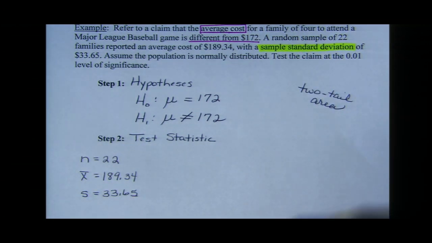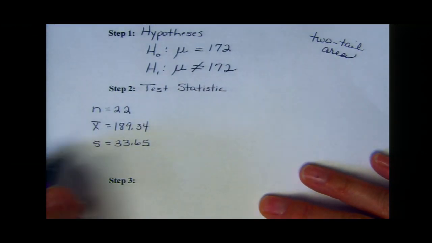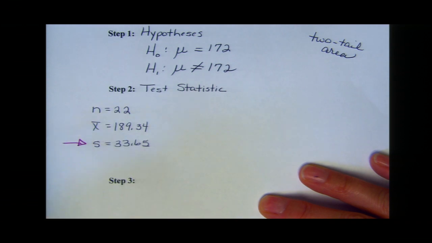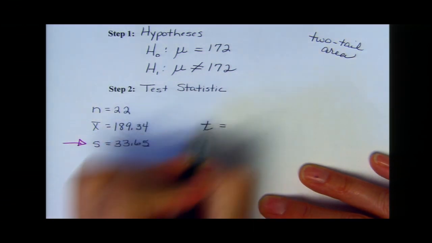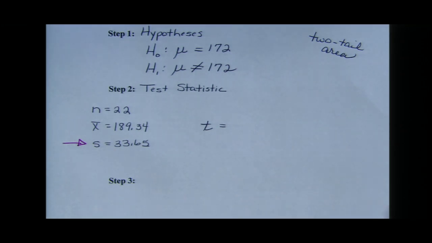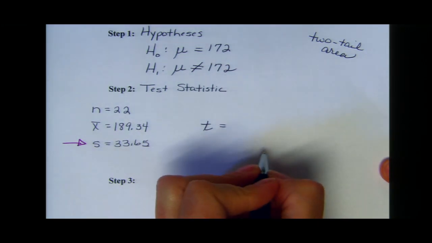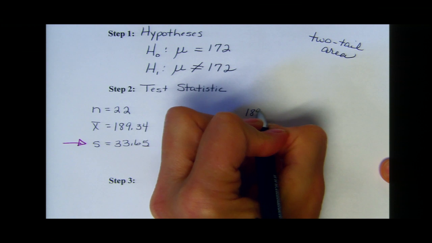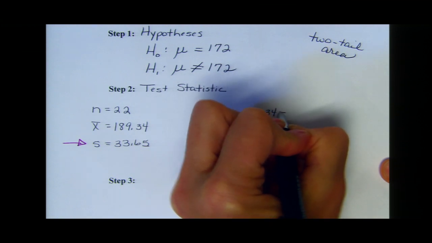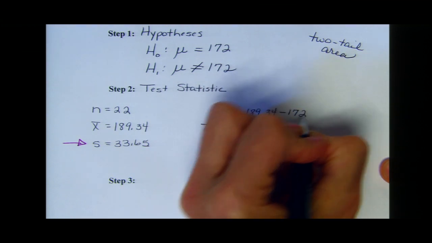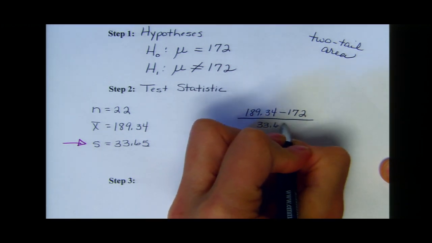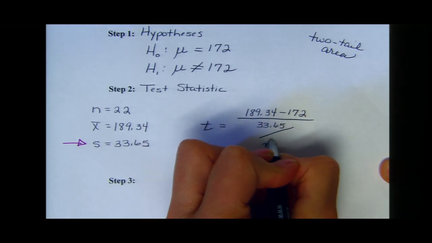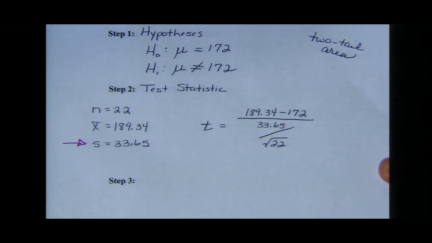So this right here is very important to catch. Since that is S, you know your test statistic is a t-value, not a z-value. Now, it is still x-bar, 189.34 minus mu, 172, divided by S, 33.65, divided by the square root of n, which is 22.